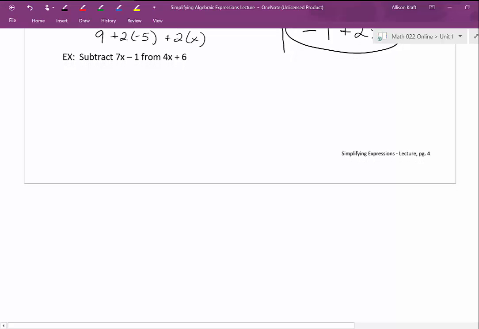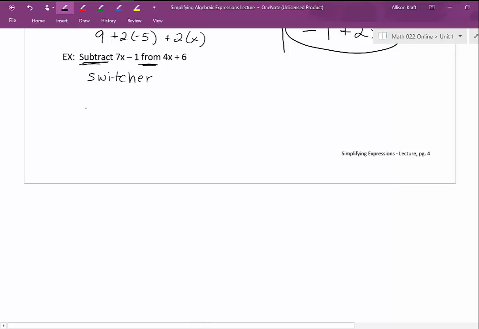Our last example, subtract 7x minus 1 from 4x plus 6. I see that subtract from. We've been waiting for it. This is a switcher, which means that whatever comes after subtract from should come first in our algebraic expression.